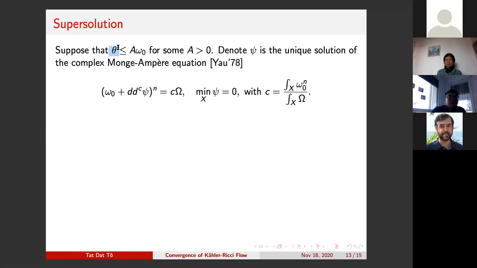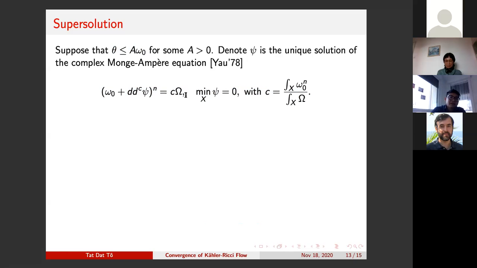Now, because theta is a representation of c_1(K_X), the first Chern class of the canonical class, it is smooth on a compact manifold, so we can find some uniform constant A which satisfies this inequality, and then we can show the Monge-Ampère equation (omega_0 plus dd^c of psi)^n equal to c times our fixed volume form, and such that the function psi is positive.